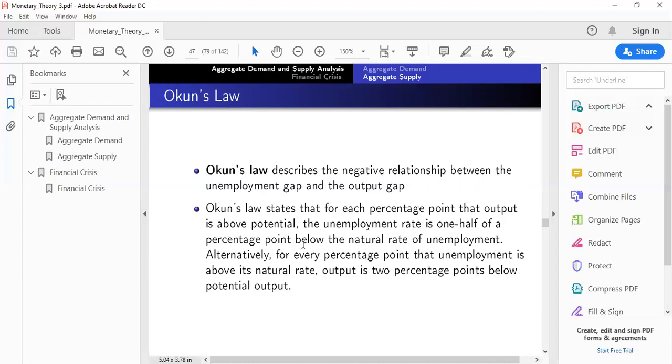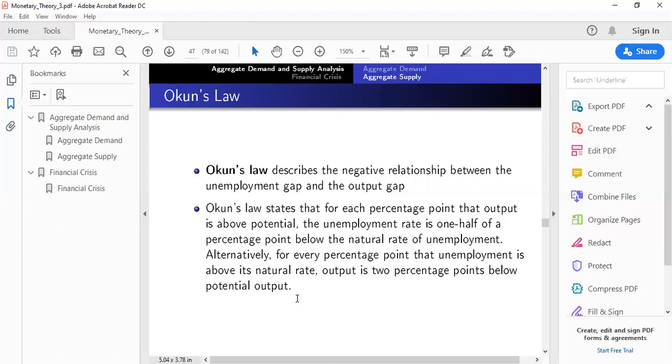If you restate it the opposite way, for every percentage point that the unemployment rate is above the natural rate, say the natural rate is 5%, but your unemployment rate is 10%, it means it's above its natural rate. There are way too many unemployed people beyond potential. Then it means that your output is below potential.